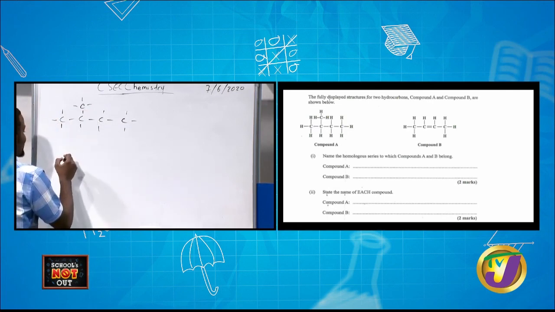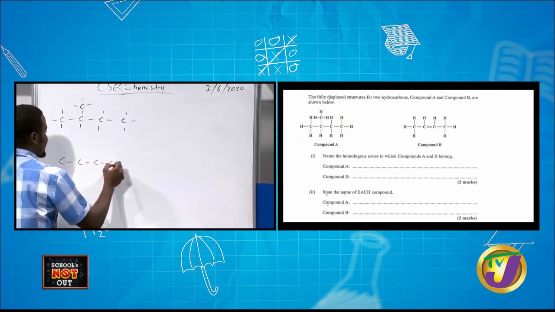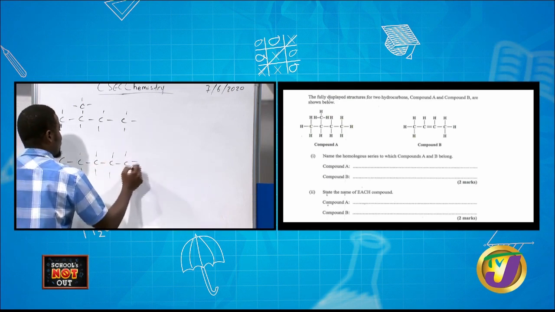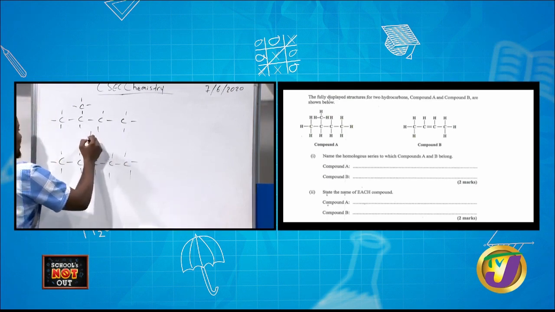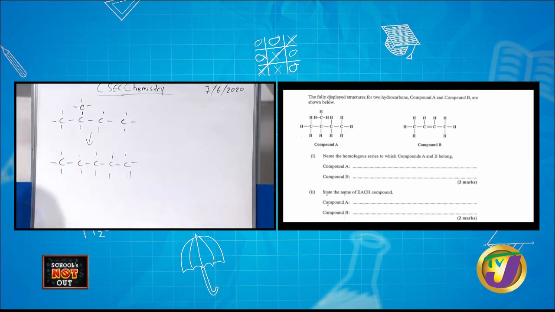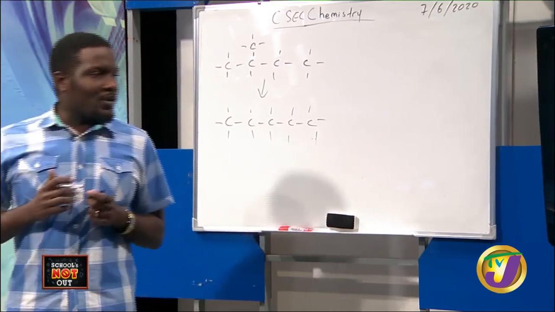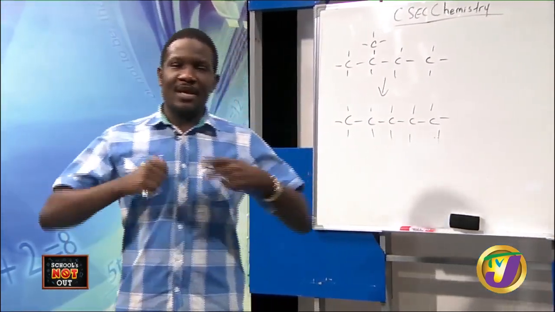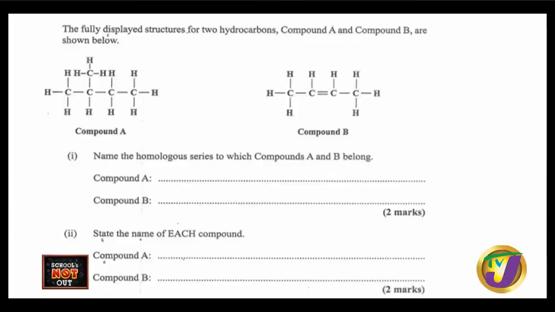So you can end up with pentane. So 1, 2, 3, 4, 5. All right, so this is an isomer of that. All right, so for compound B, you're going to work that on your own. All right, so you can ensure that you understand what it is that you're doing.